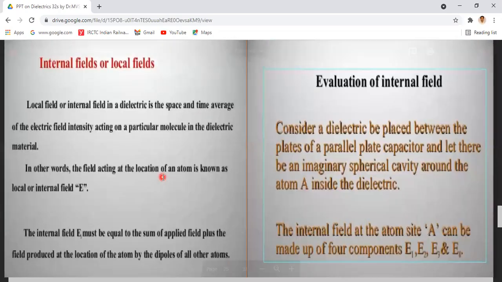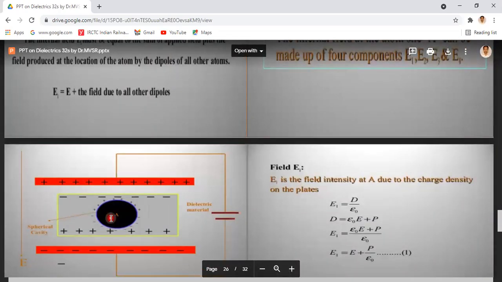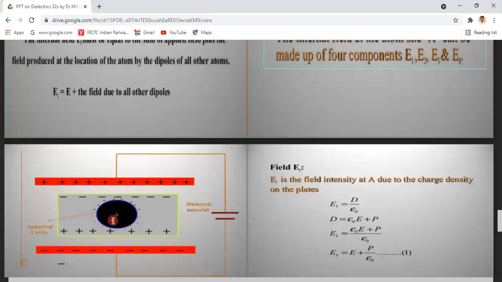That means, consider an atom A within the dielectric material, because this dielectric material is placed between the plates of the capacitor. So with the help of this capacitor, we apply an external electric field.